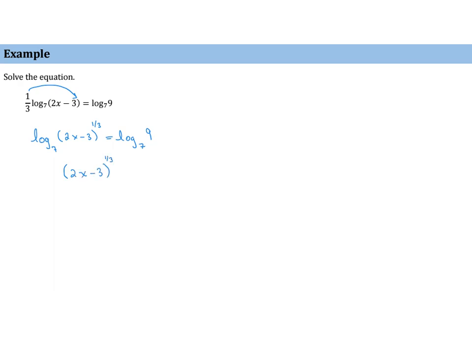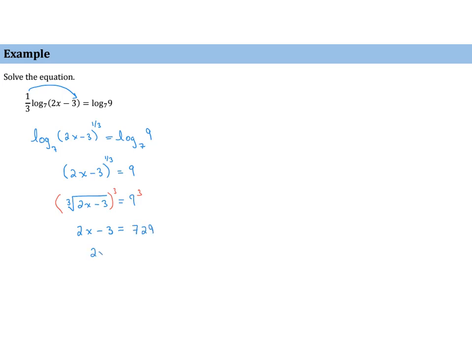Now, that 1/3 exponent is the same thing as a cube root. So we can undo that cube root by raising both sides to the 3rd power. So we have 2x minus 3 equals 9 cubed, which is 729.